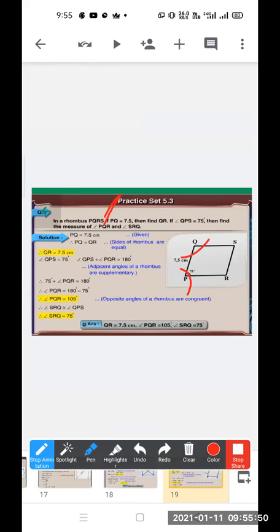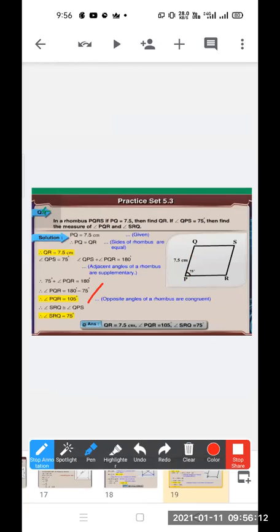So angle QPS is given 75 degree, and we have to find angle PQR. So 75 plus angle PQR is equal to 180. Why 180? Because they are adjacent angles. So angle PQR is 180 minus 75, you will get 105 degree.